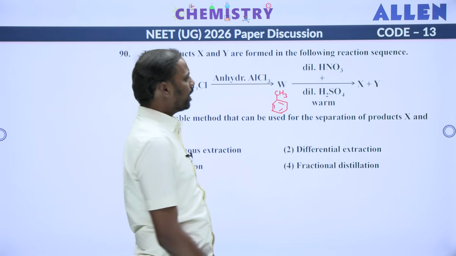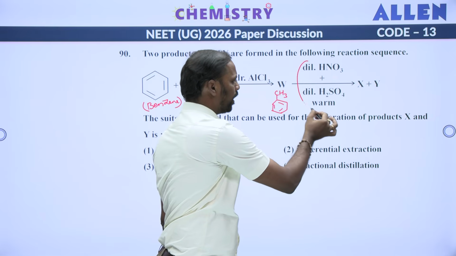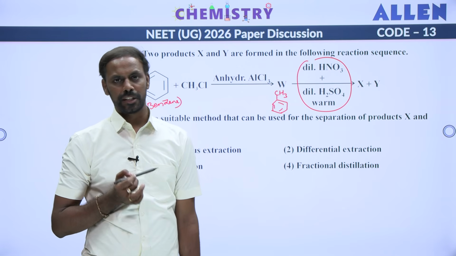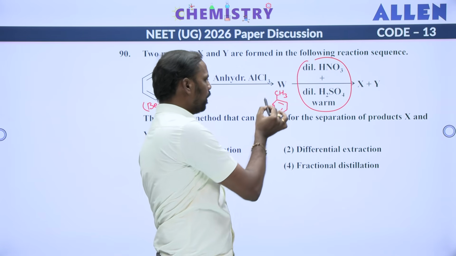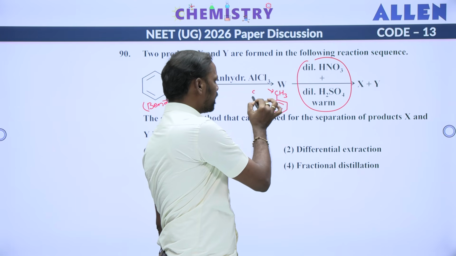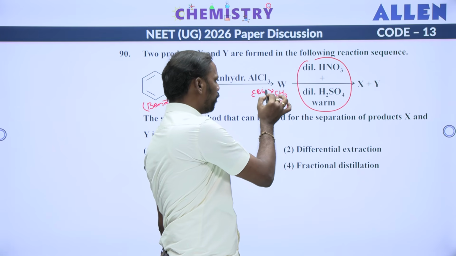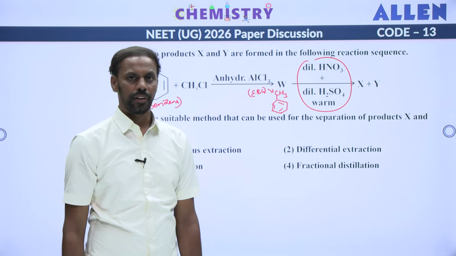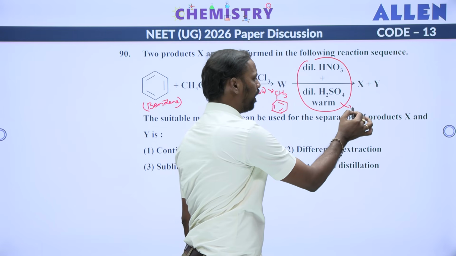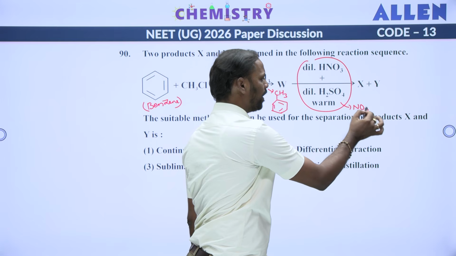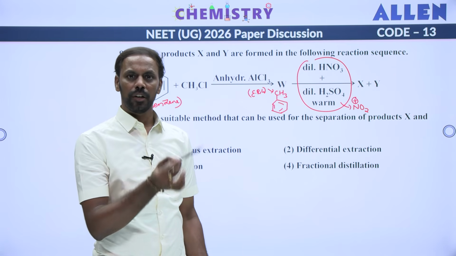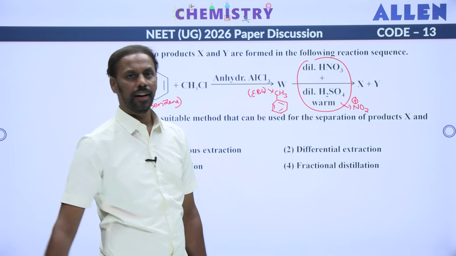Now after that, toluene molecule is treated with which one? Dilute HNO3 and H2SO4, that is a nitrating mixture. Okay, so now CH3 is an electron releasing group which increases electron density at ortho and para positions. What is the electrophile present from this one, student? Nitronium ion, that is NO2 plus. This NO2 plus will go to the ortho position as well as which one? Para position.